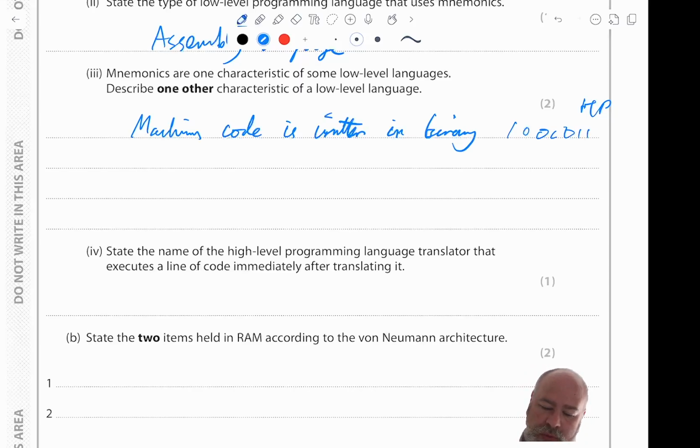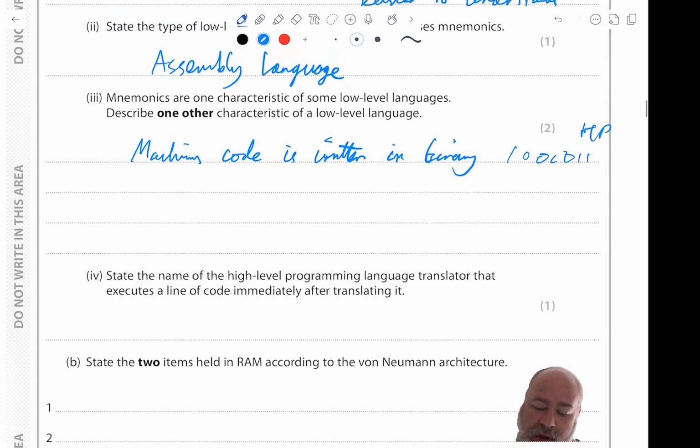So assembly language is a low-level language. In fact, in terms of the Edexcel GCSE, the only two low-level languages are machine code and assembly language. Those are the only two. They're hardware specific. So I'll write that down.